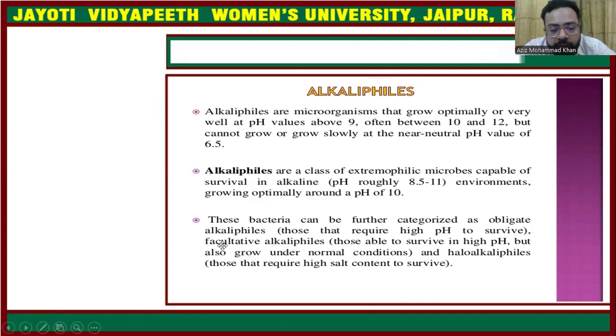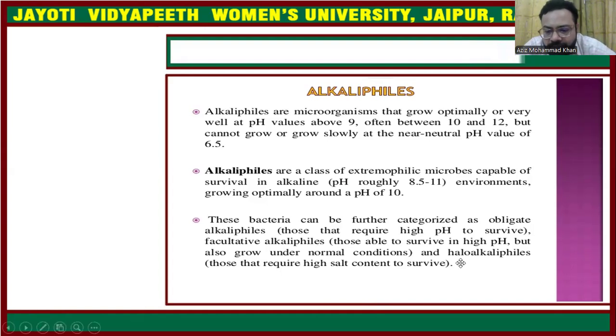Next are the facultative alkalophiles. Facultative alkalophiles are alkalophiles which can survive in high pH, but sometimes they can survive in normal conditions as well, for example neutrophilic conditions, though they favor high pH.